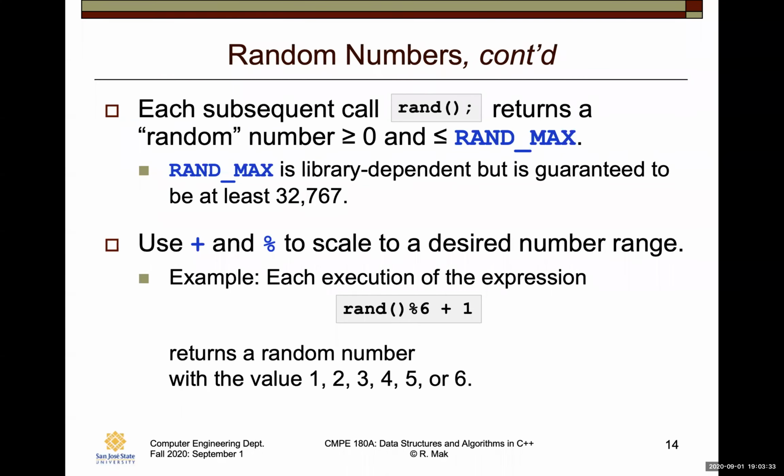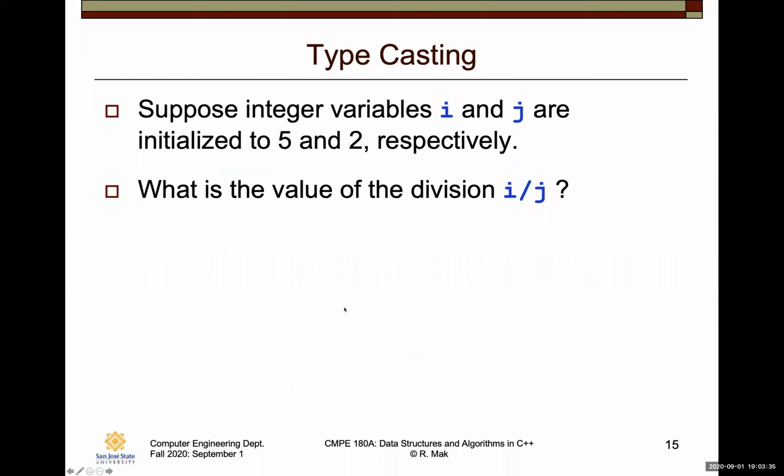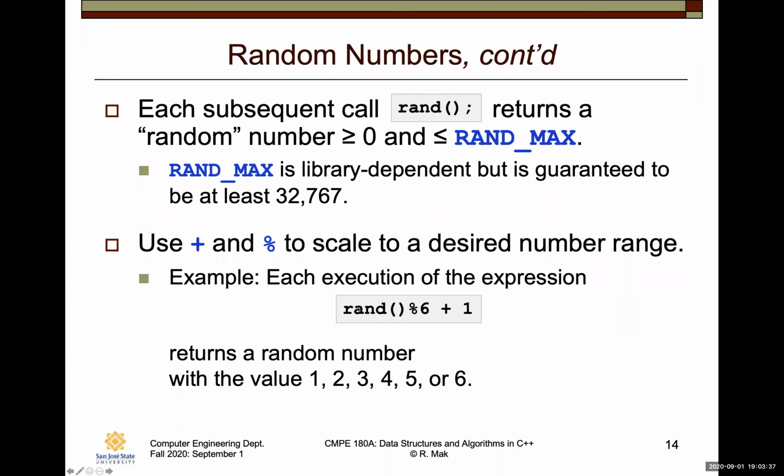So now this expression here, the call to the random number function modulo 6, will give you random numbers 0, 1, 2, 3, 4, or 5. And if you really want 1 through 6, then you have to add 1. And then you have random numbers made up of just those 6 digits.